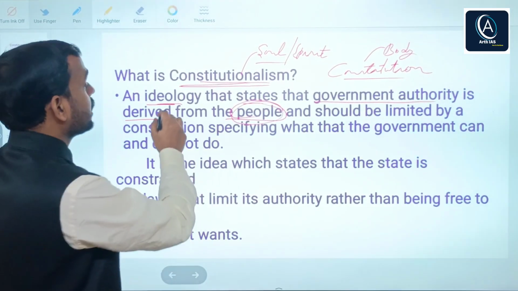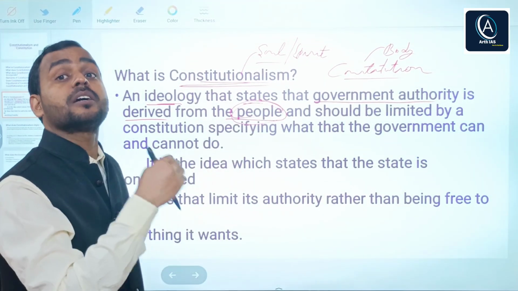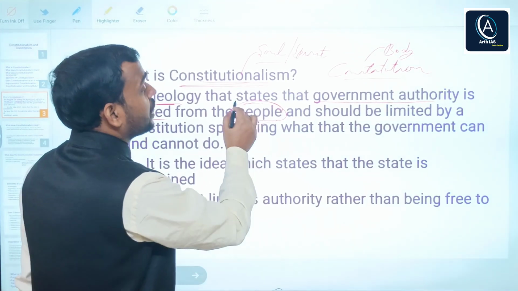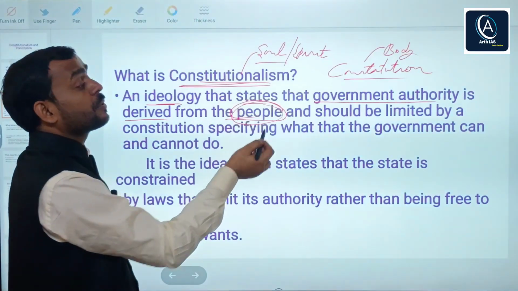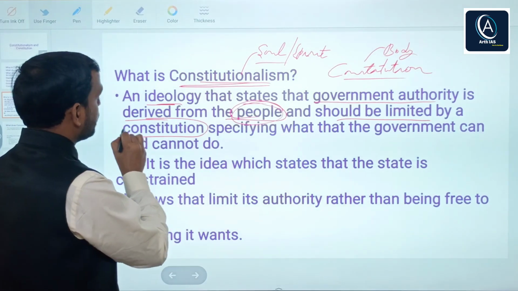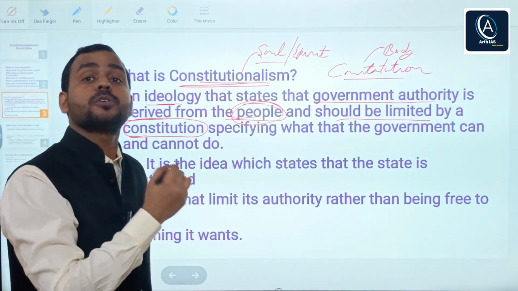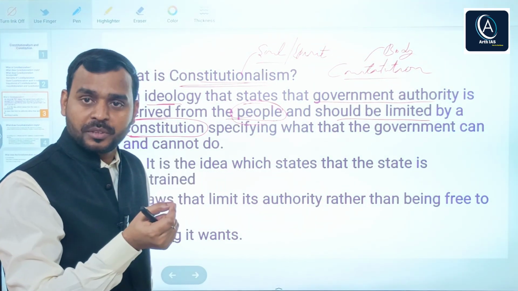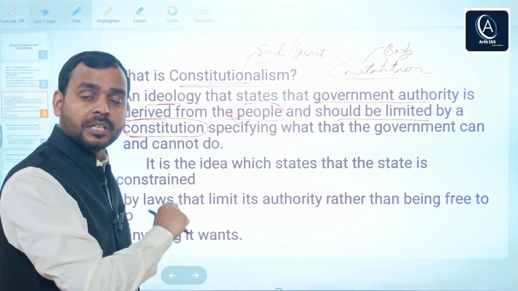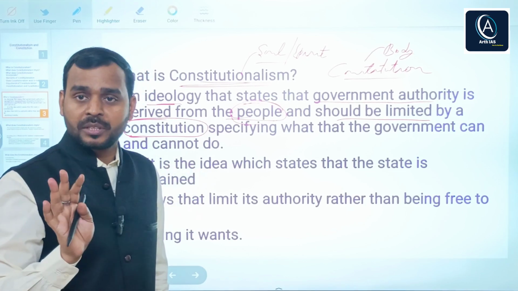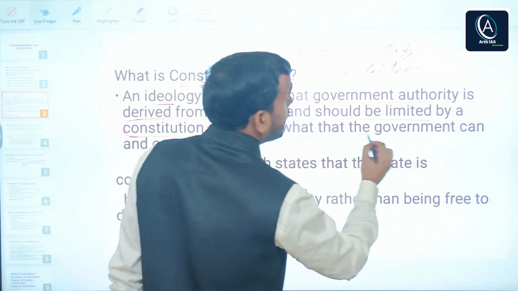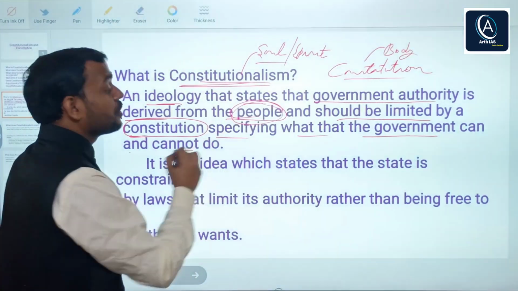So constitutionalism is an ideology. I told you it is the soul or spirit. Again, it is an ideology that states that government authority is derived from the people and should be limited by a constitution. That's why I told you that constitution is the body. Body means it is present in physical form, but constitutionalism is an abstract form, it cannot be seen. So the constitution specifies what the government can and cannot do.